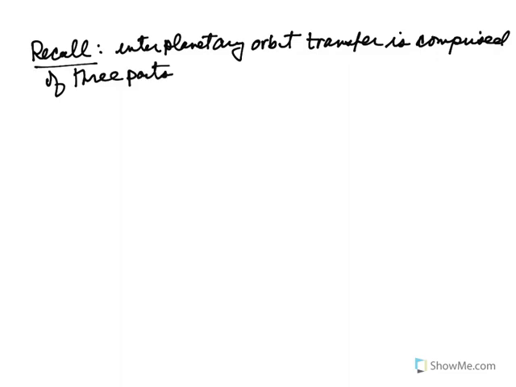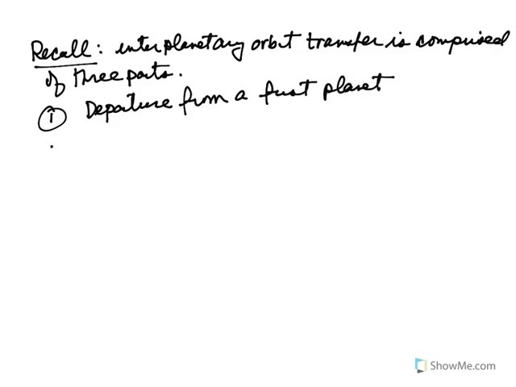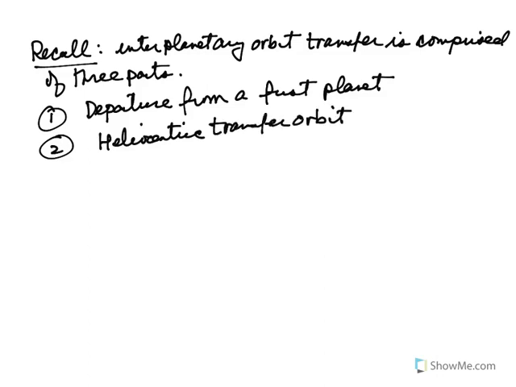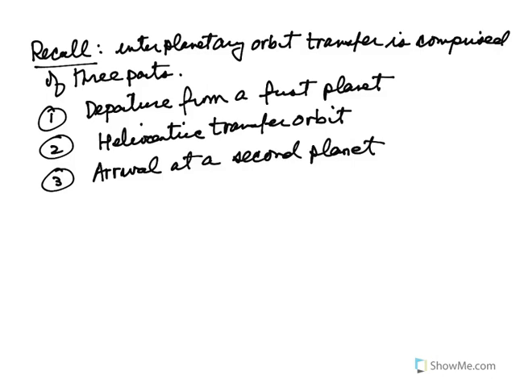The first part is departure from a first planet. The second is the heliocentric transfer orbit. And the third is arrival at a second planet. Now, what we had studied previously was the second part.